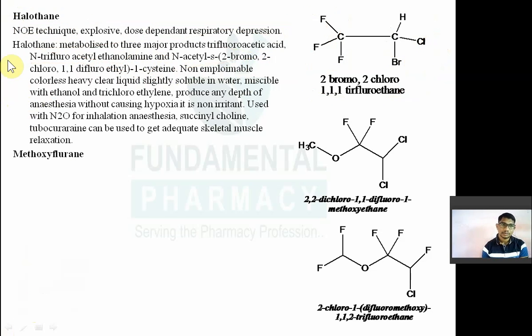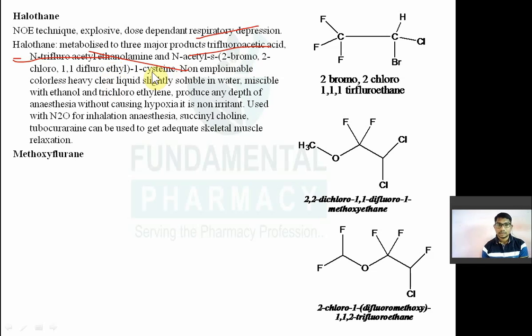What are the metabolites? So halothane is metabolized in the body to these components. First one is known as trifluoroacetic acid. यहाँ पे देखो ये trifluoro. Then second metabolite is nothing but the N-trifluoroacetyl ethanolamine.